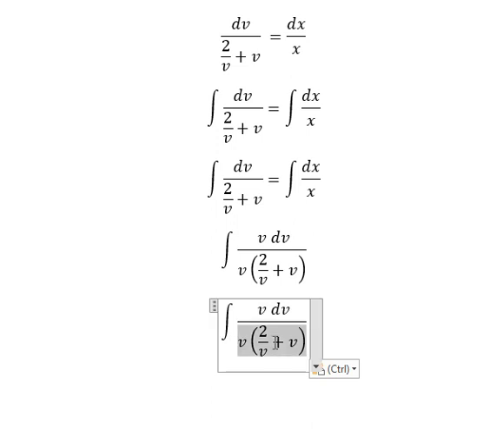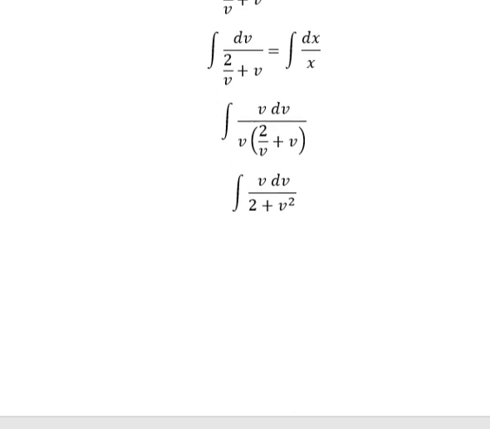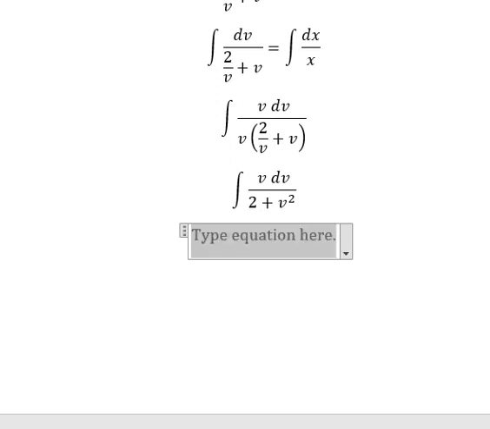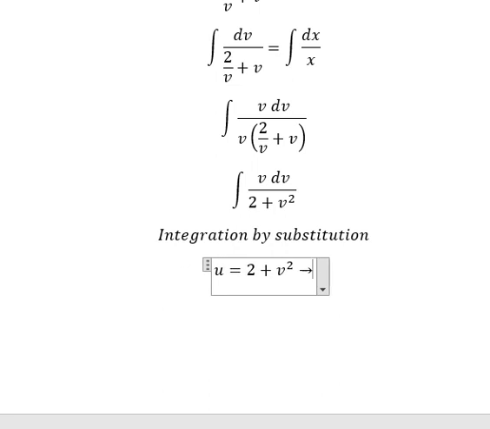And this one we have 2 plus v square. So we can use integration by substitution. So I will put u equal to number 2 plus v square.